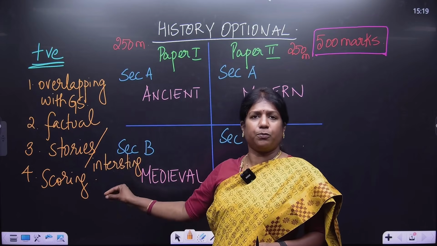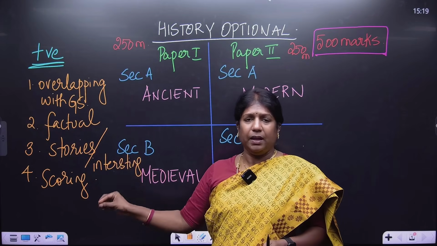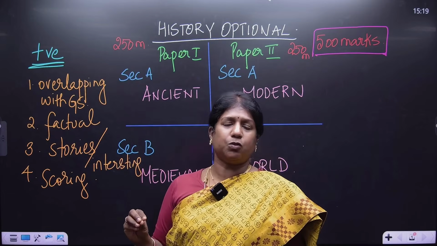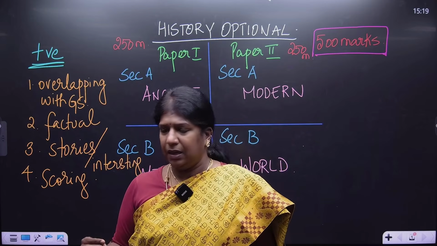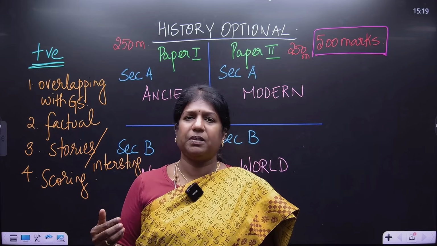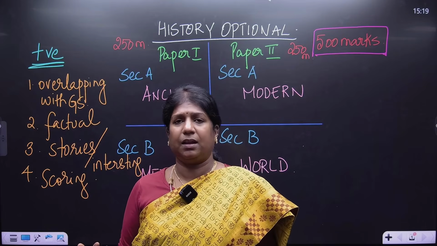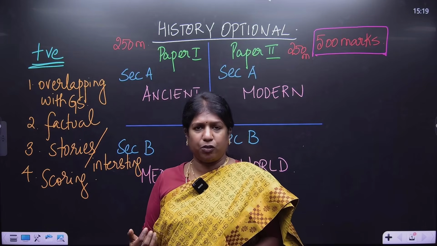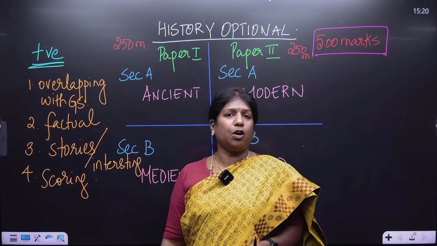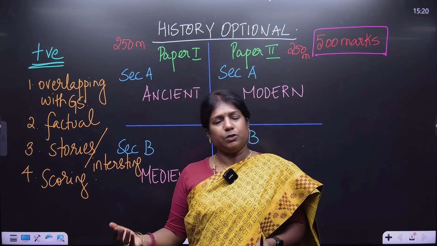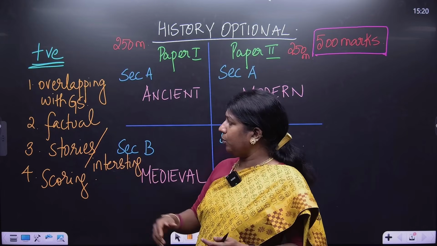Yes, history optional is a scoring optional. Every year, 100 students clear with history optional. And very recently, we have toppers coming up with history optional as well. If toppers are coming out of history optional, why wouldn't history optional be scoring? This is one important thing I would always say.